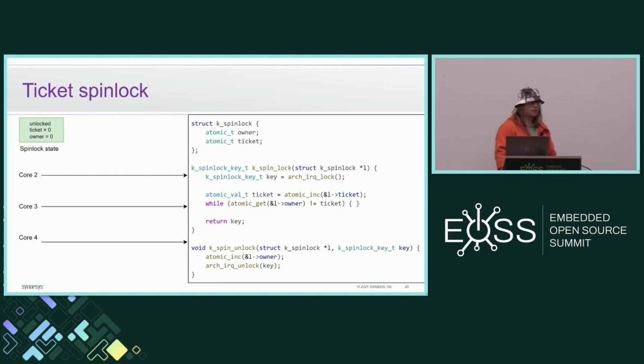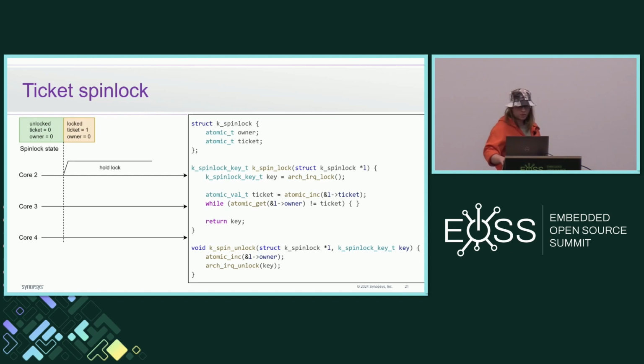It's just completely different numbers. So core 2 tries to get the spinlock. It increments this ticket variable, and it stores a local copy of the old value of this variable internally.